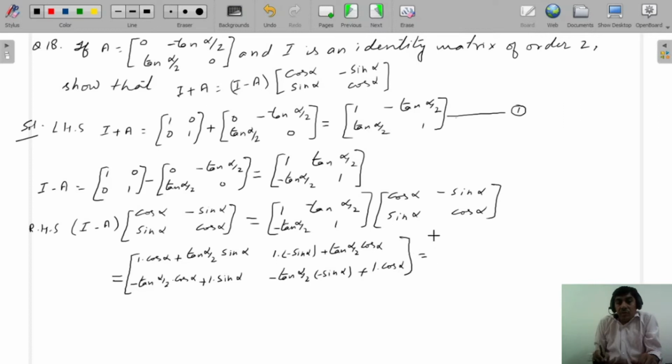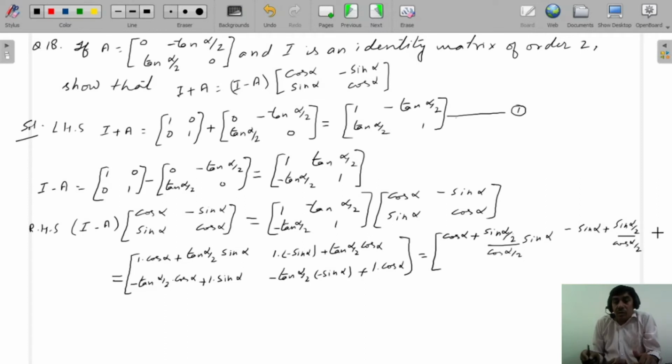which is equal to cos alpha plus tangent alpha by 2, we can write sin alpha by 2 divided by cos alpha by 2 into sin alpha. 1 into minus sin alpha is minus sin alpha plus sin alpha by 2 divided by cos alpha by 2 into cos alpha.